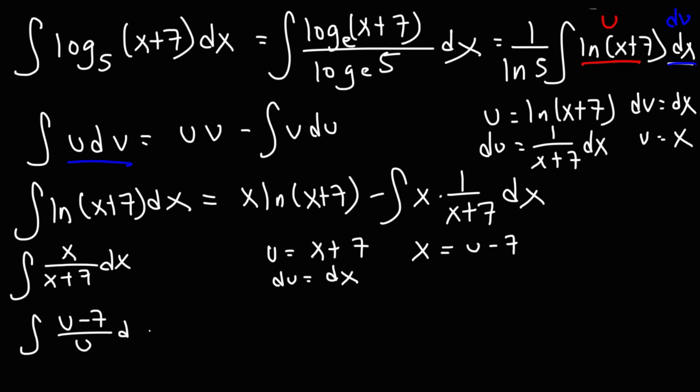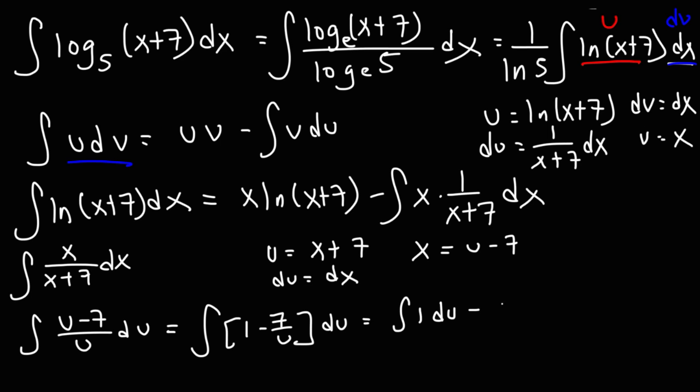So we have this. Now u divided by u is 1, and then we have 7 over u, and then du. So I'm going to break it up into two parts. That's the integral of 1 du minus 7 times the integral of 1 over u du.